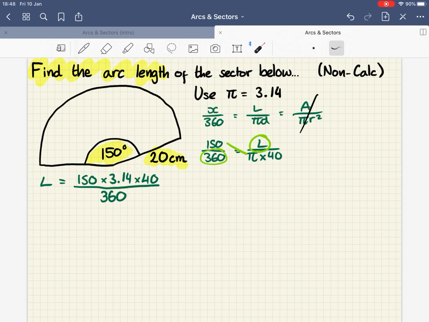And generally, you should be given numbers that will work. So if I just look at first my 150 and my 40, I can actually split those up a bit. So instead of 150, I could have 15 times 10. And instead of that 40, I could have 4 times 10.